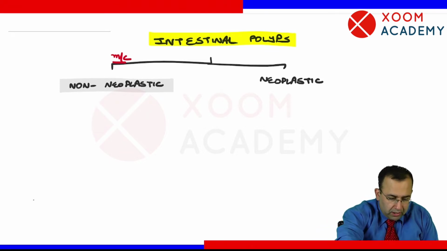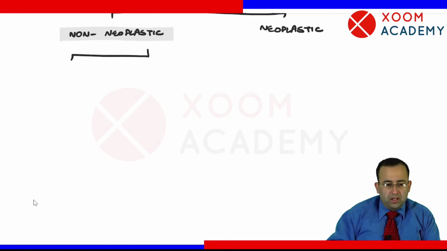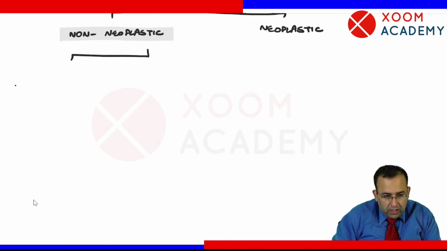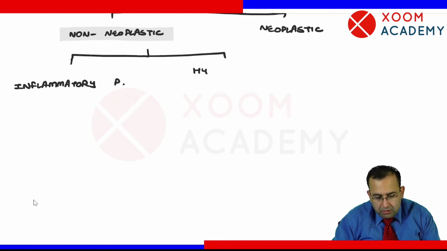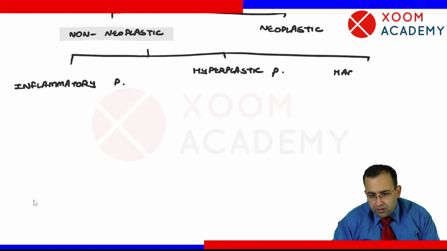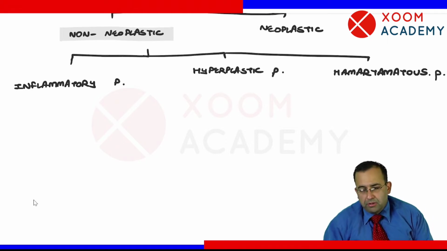So first we'll have a look at non-neoplastic polyps. I can divide non-neoplastic intestinal polyps into three types: inflammatory polyps, hyperplastic polyps, and hematomatous polyps.